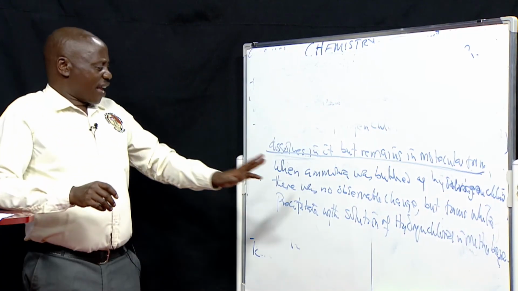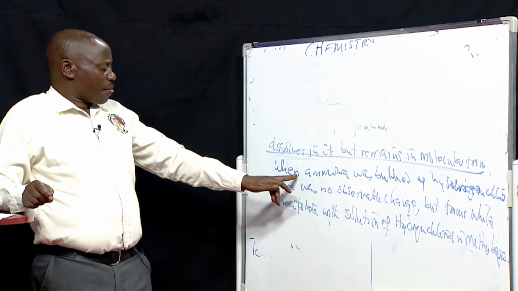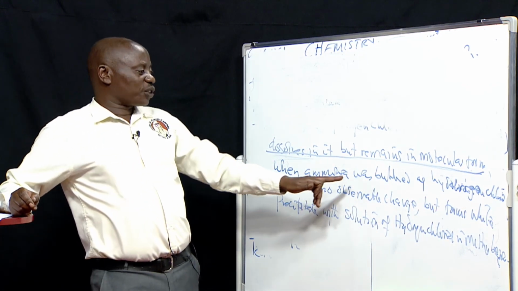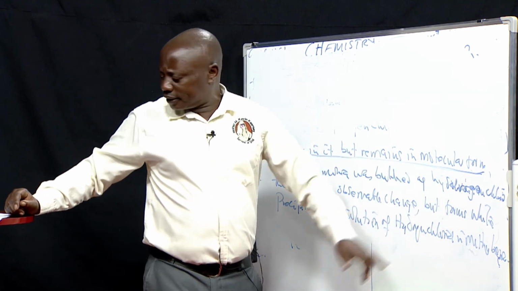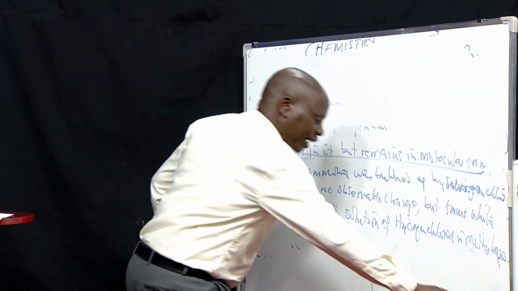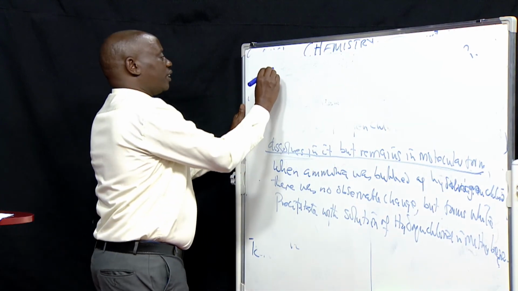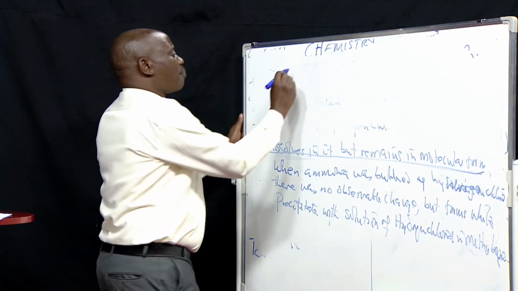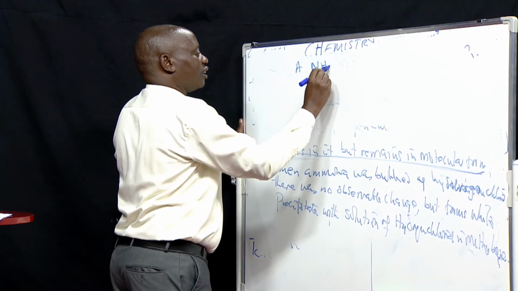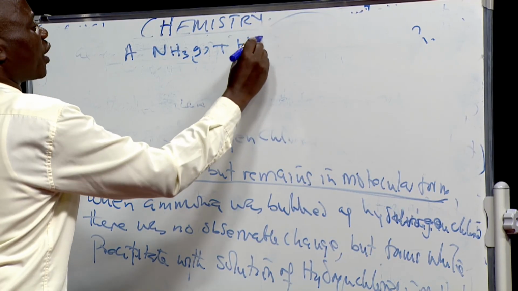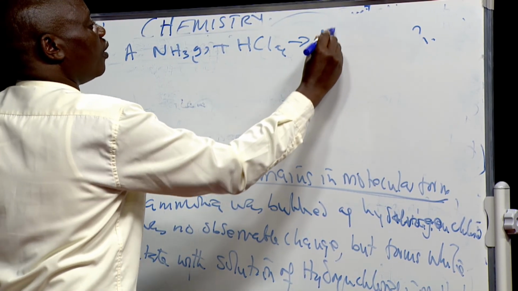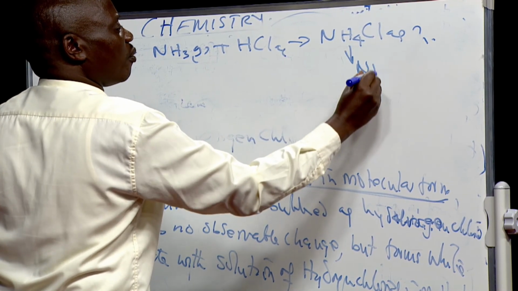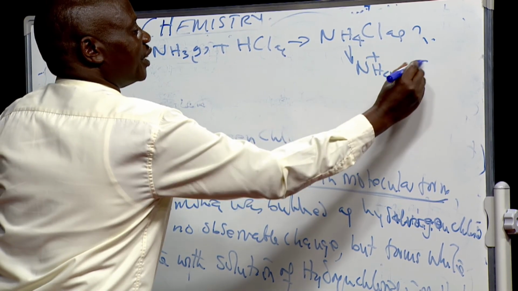We are saying in aqueous form, the ammonia reacts with hydrochloric acid to form ammonium chloride, which is very soluble and ionizes to form ammonium ions and chloride ions.